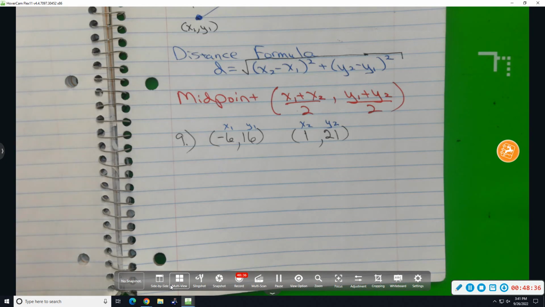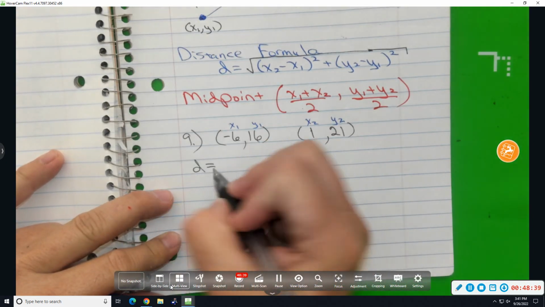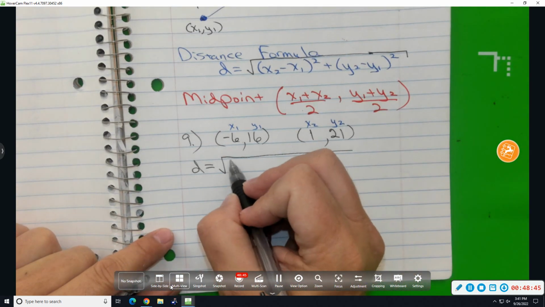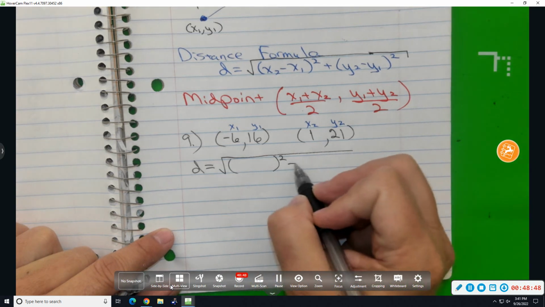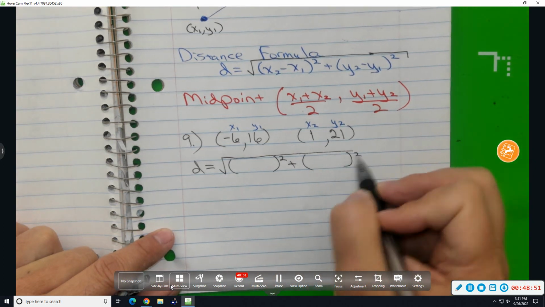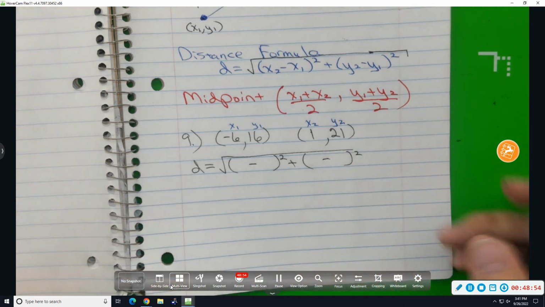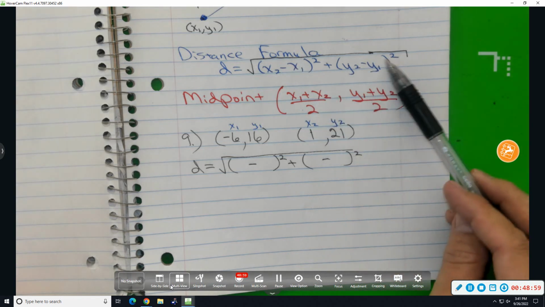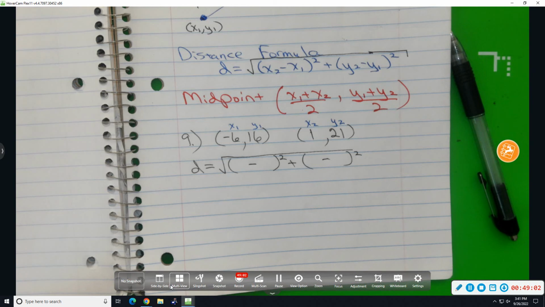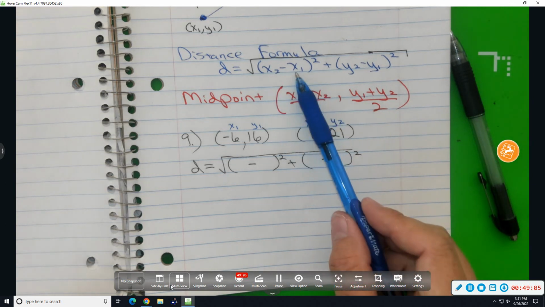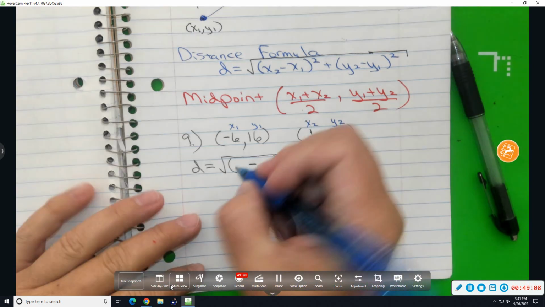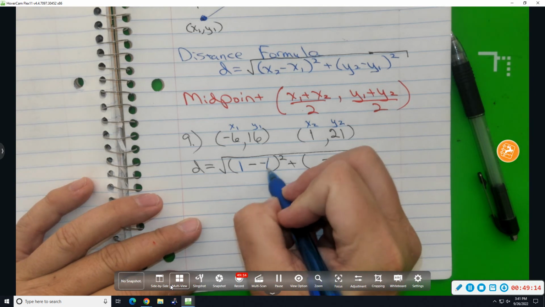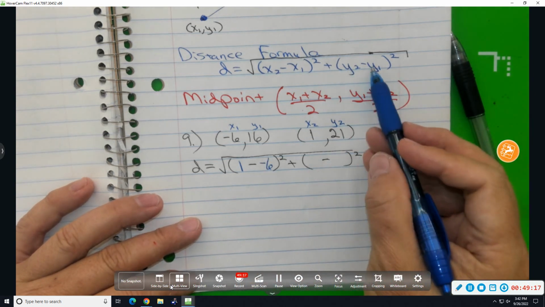And the distance formula. We've got to subtract the x coordinates and then subtract the y coordinates. x2 minus x1. So we have a 1 minus, what's going here? -6, I agree. And then y2 minus y1.